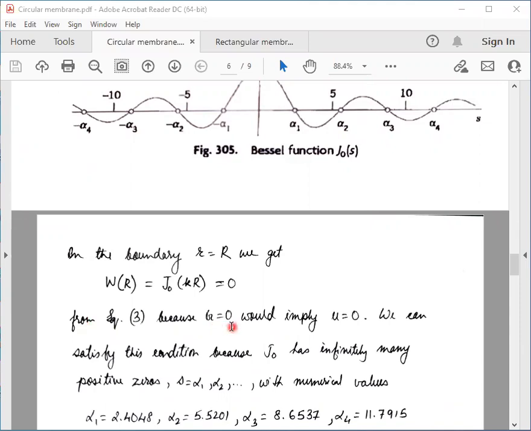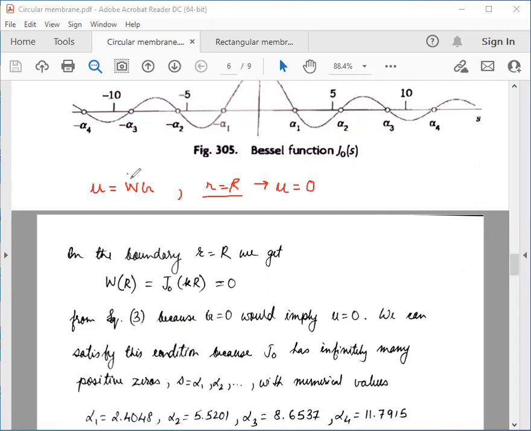We get this from equation number 3. G cannot be 0, because G equal to 0 would imply that the displacement U is 0 identically. So only W can be equal to 0. Let me write it down in case you forget. We have U equal to W times G. And on the boundary, r equal to capital R, we have U equal to 0.